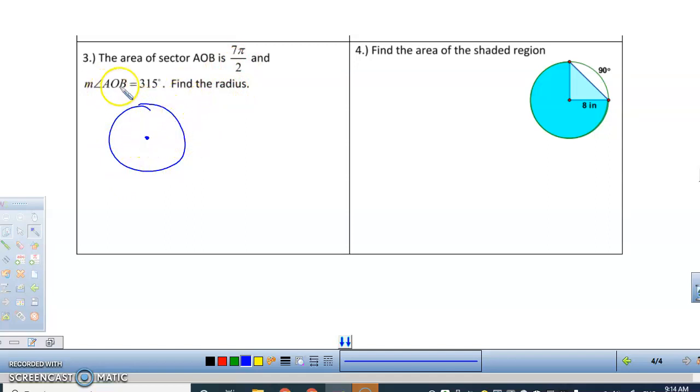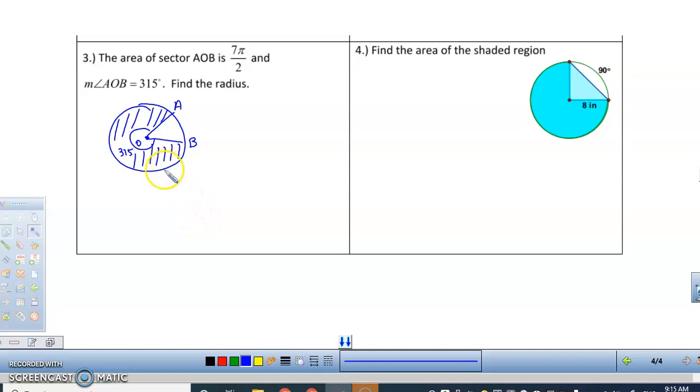The measure of the central angle here, so this is O, is 315 degrees. So this whole angle here is 315. Okay, the sector AOB is 7 pi over 2. So A, we have B, and we're looking at this area.